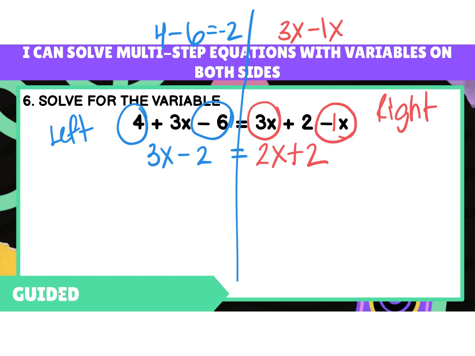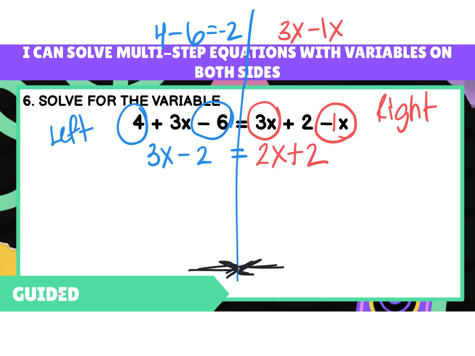If they're on the same side, we combine like normal. It's only when we're trying to get them to the other side of that equal sign, of this line here. When I'm trying to move something this way or something this way, that's when I do the opposite because I want to cancel it out and get it to 0.